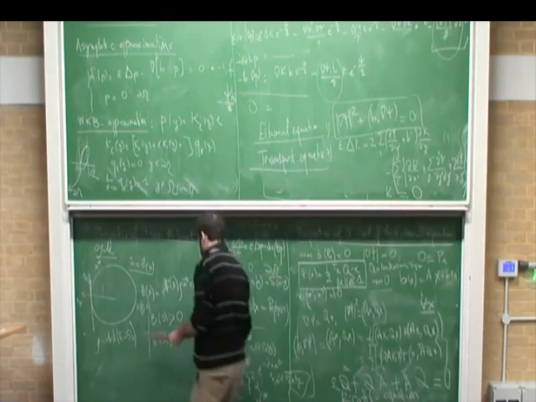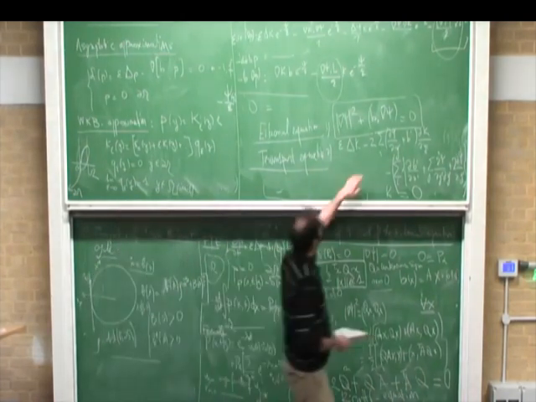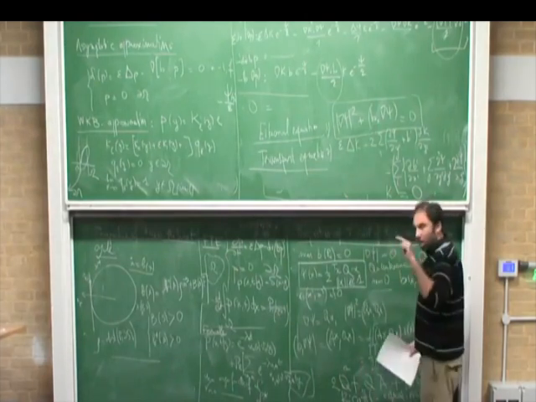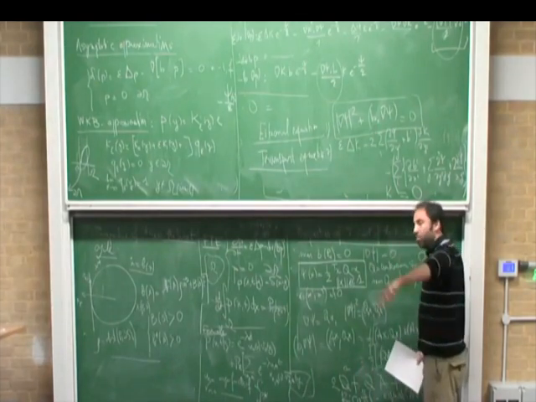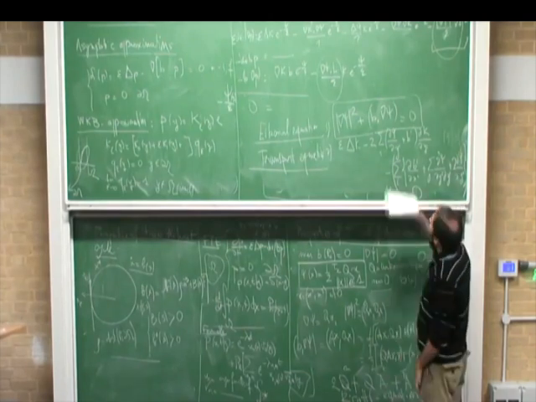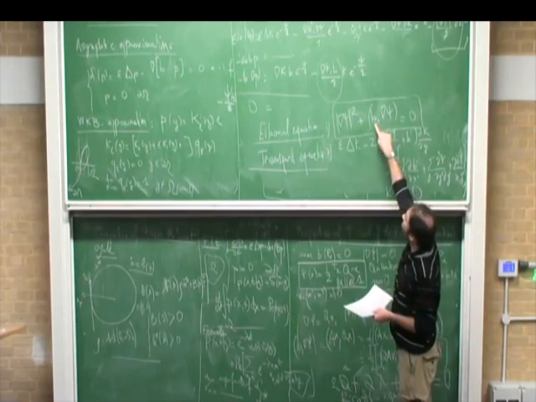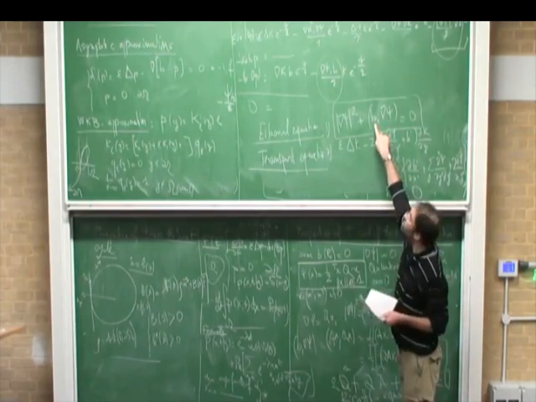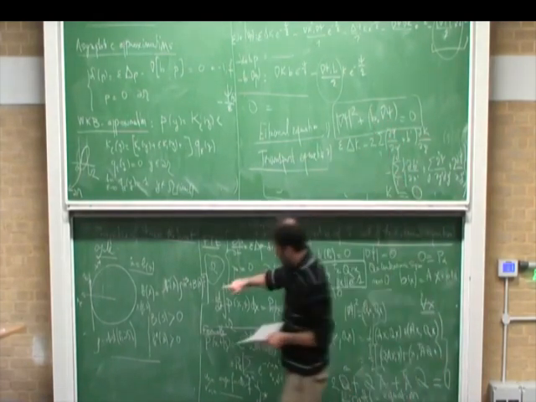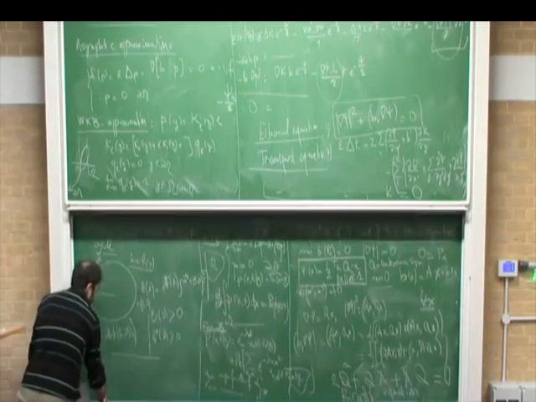So on the limit cycle, if you start only on the limit cycle, B is only tangential. So this is the scalar product, so you can only take the tangential part, which is this B of S. So let's rewrite this equation.